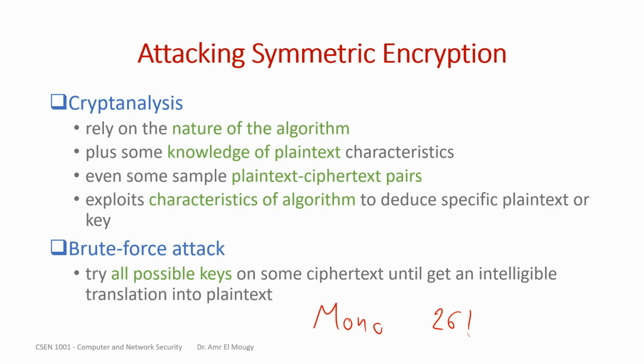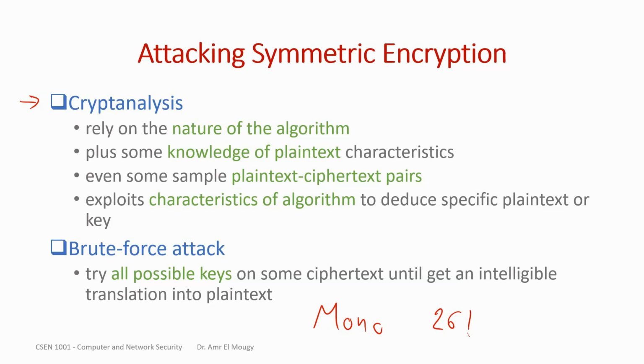The second type of attack is called cryptanalysis, and it is actually the type of attack that most attackers try to execute. Cryptanalysis doesn't go for trying different combinations of the key, but it is the type of attack that studies the algorithm, because as we said, it's public, and tries to find weaknesses, vulnerabilities, and problems that the attacker can then exploit to either determine the key or decrypt and find the plaintext.